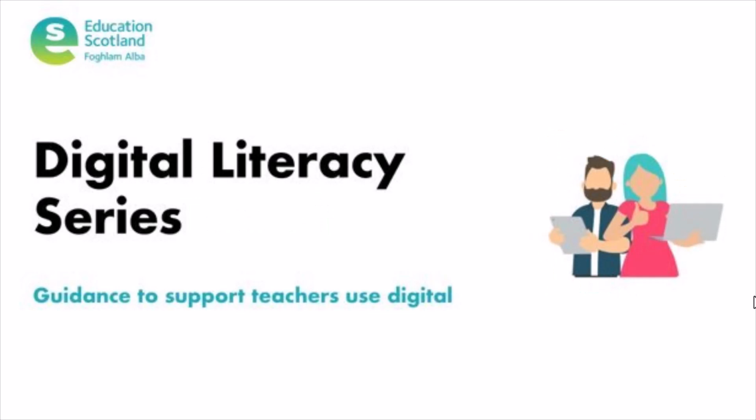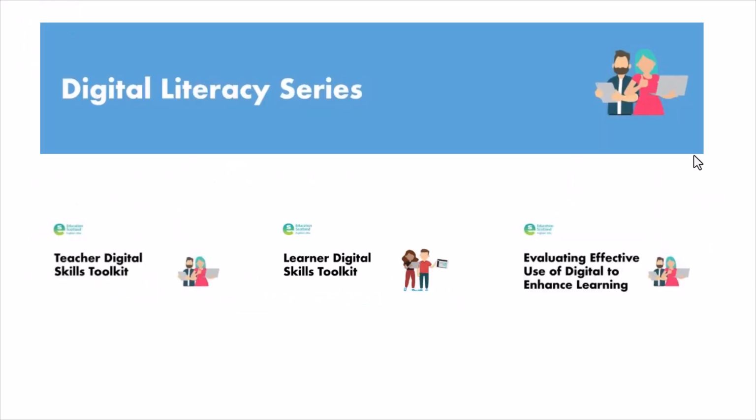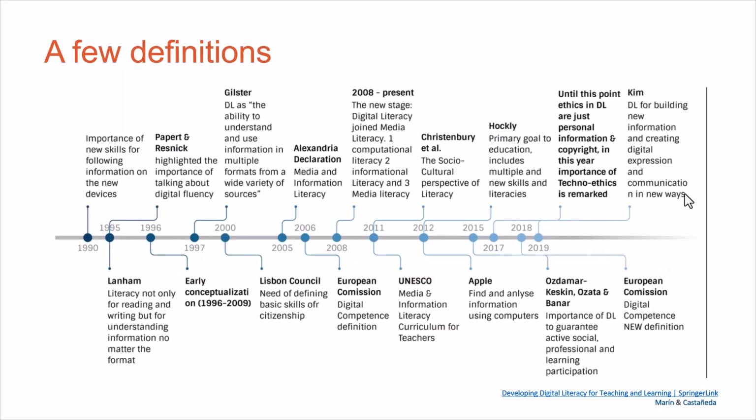This forms part of the Digital Literacy series, which contains 3 documents to support teachers understand the knowledge and skills that they require to be digitally literate, the knowledge and skills that learners require to be digitally literate, and how teachers can harness those digital literacy skills to make effective use of digital in the classroom as part of learning and teaching. Digital literacy can be found in the technologies curricular area and Curriculum for Excellence.